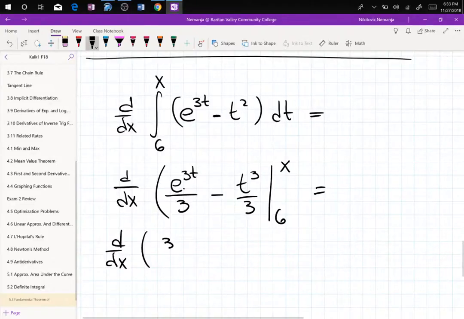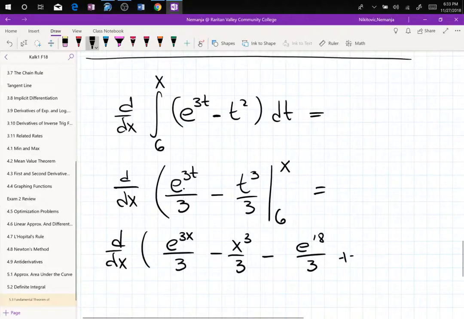What do you get? You get e to the 3x over 3 minus x cubed over 3. And then minus, plug in 6. E to the 18 over 3 plus 6 cubed over 3, 72.